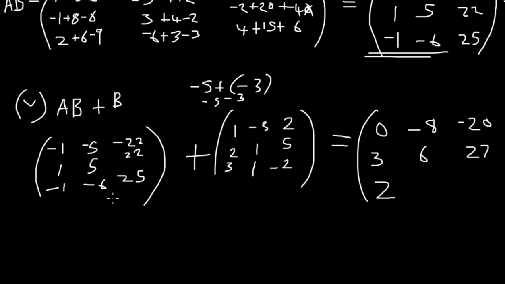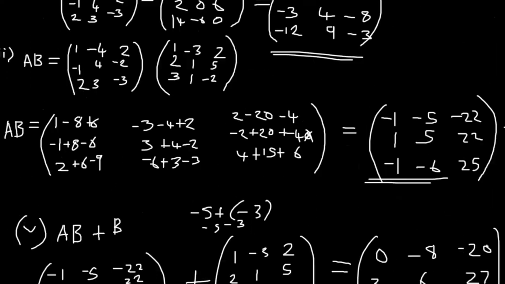And then negative 6 plus 1, you get your negative 5 there. And then 25 plus negative 2, you get your 23. So this is your answer for the fifth part of question 1, story sheet 4.